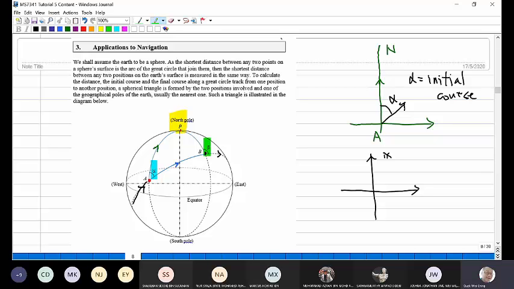So you can see that this is the direction the ship is trying to move also, measured from the North Pole. Just now we called it alpha, now it's called beta. Beta is the final course.